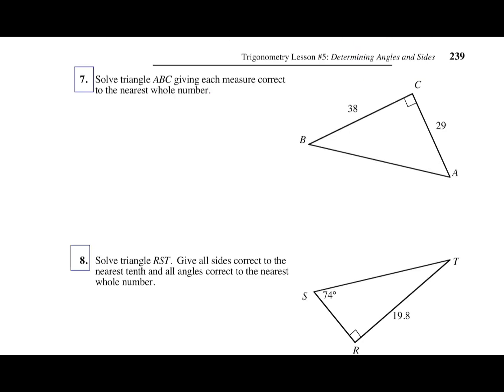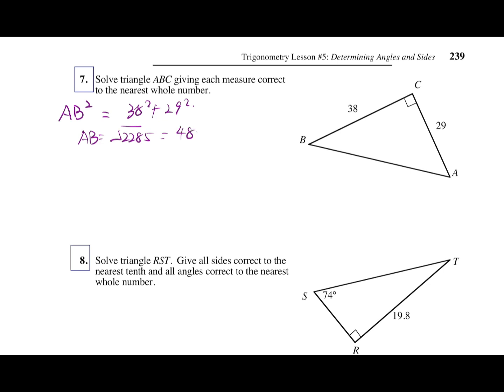And number 7, we need to solve the triangle ABC. Now we have AC and BC, so first let's do AB. AB is based on the Pythagoras theorem, and AB equals the square root of 38 squared plus 29 squared. AB equals the square root of 2285, so it's 48.